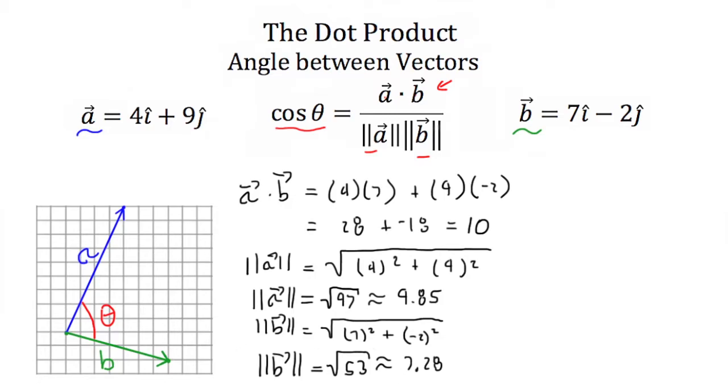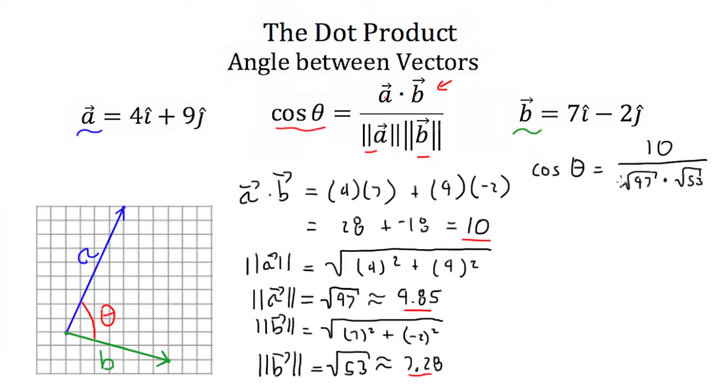So I have everything I need. I have my dot product and my two magnitudes. I'm going to plug them into this formula, which means the cosine of our angle theta is equal to the dot product, so 10, over the magnitudes multiplied together, so the square root of 97 times the square root of 53.